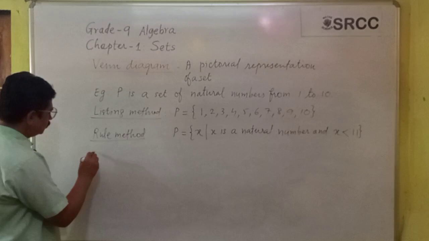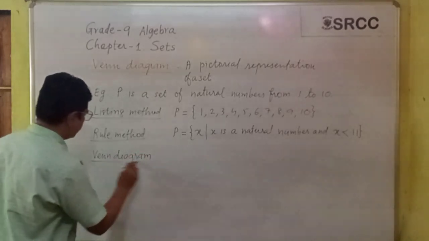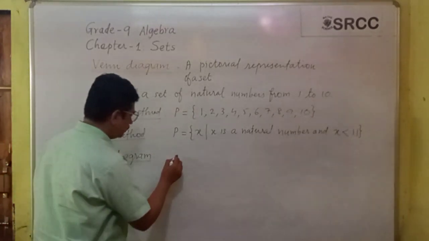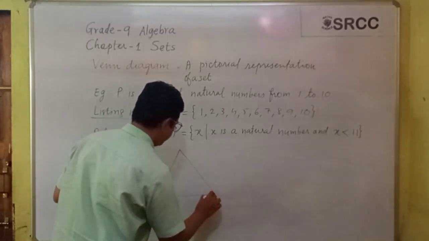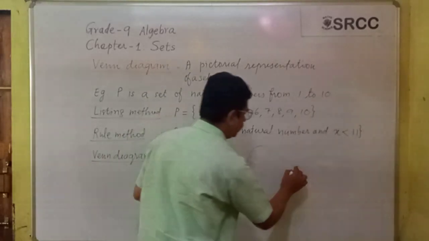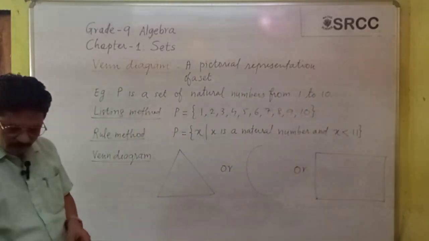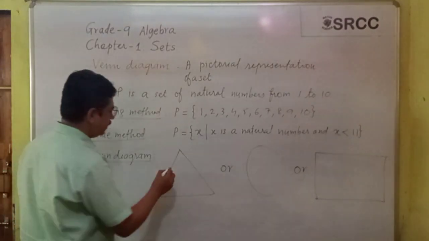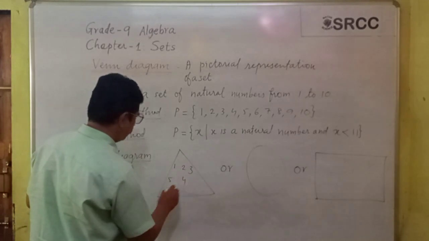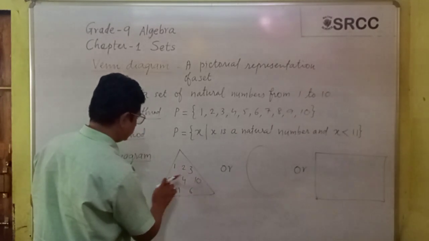And when we have to use Venn diagram, we can take any geometrical figure according to our convenience, like a triangle or a circle or a quadrilateral, and we can write the elements in it: 1, 2, 3, 5, 4, 7, 9, 10, 6, 8.